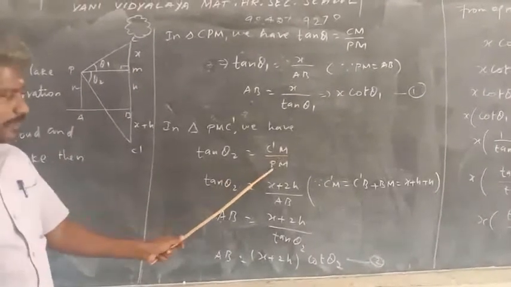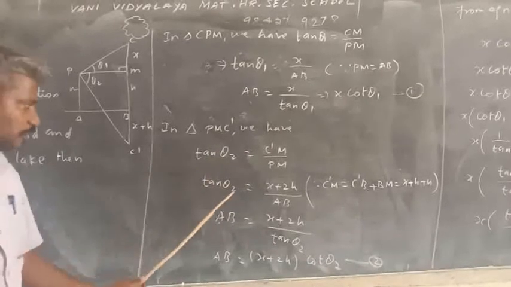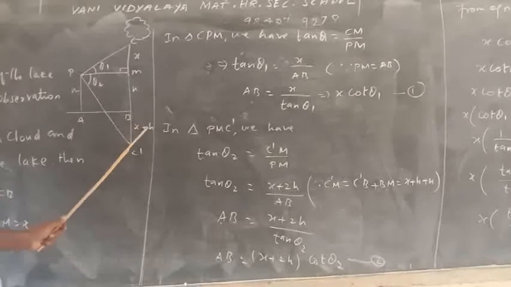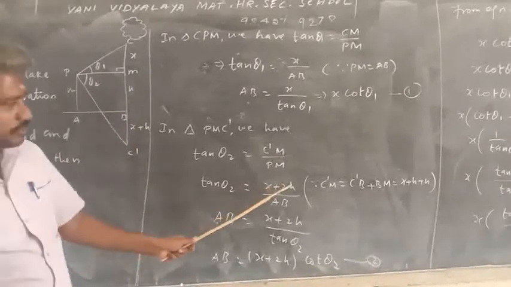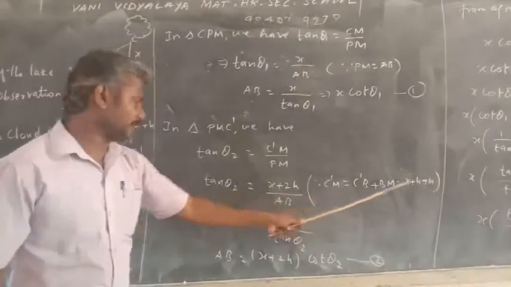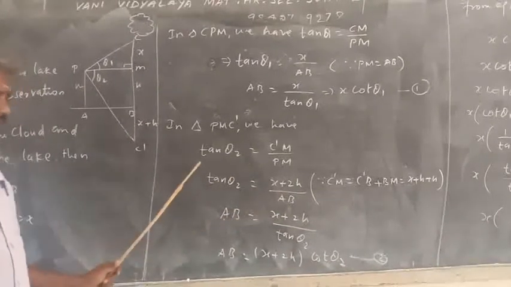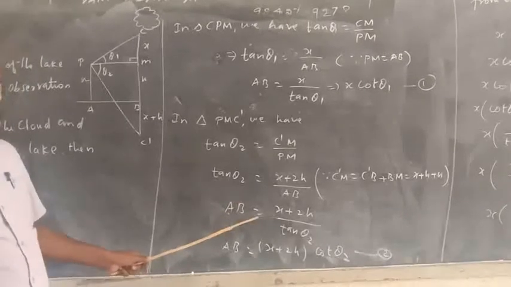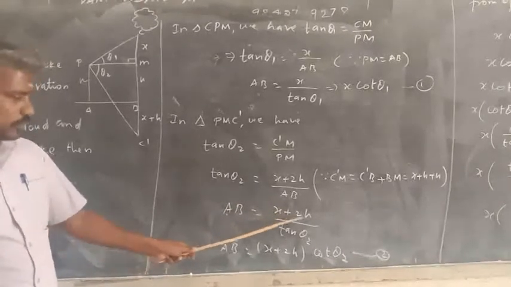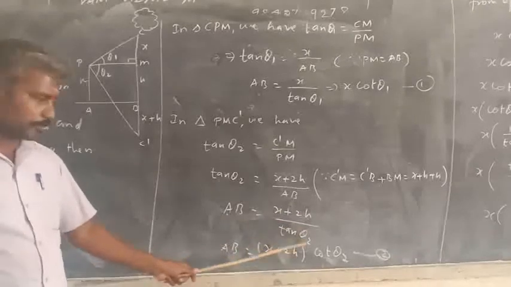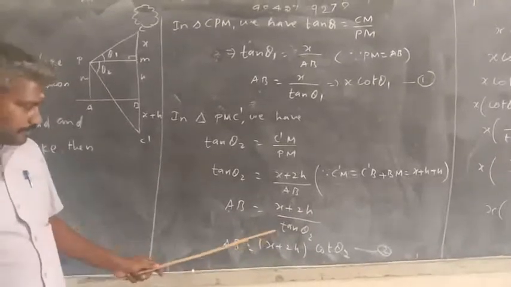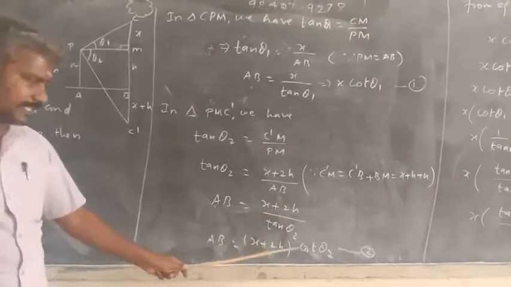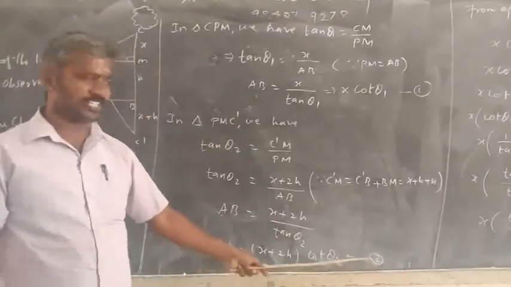C dash M is X plus H plus H, so X plus 2H. Divide converts to multiply, multiply converts to divide, so AB equals X plus 2H by tan theta 2. One by tan theta is written as cot theta 2. This is equation number 2.